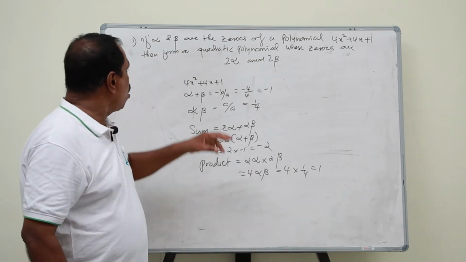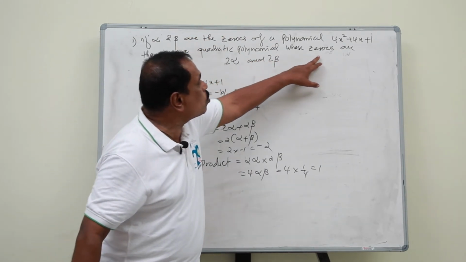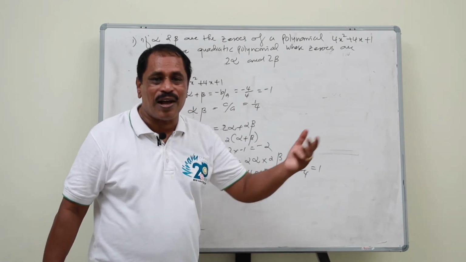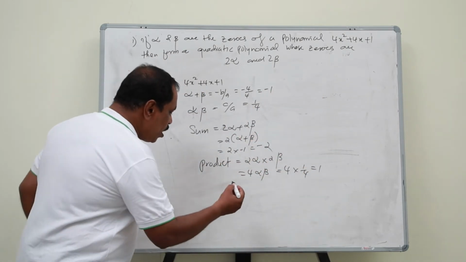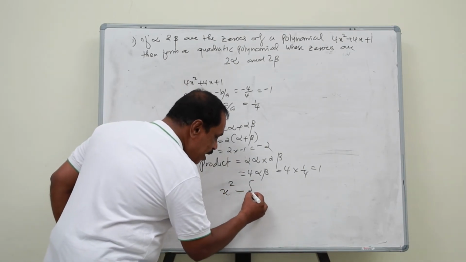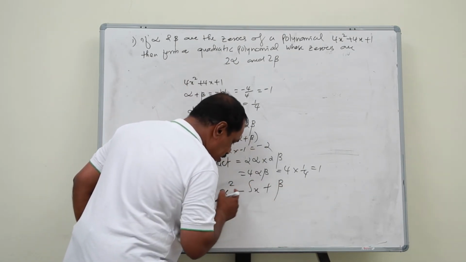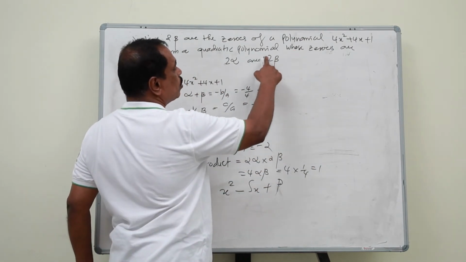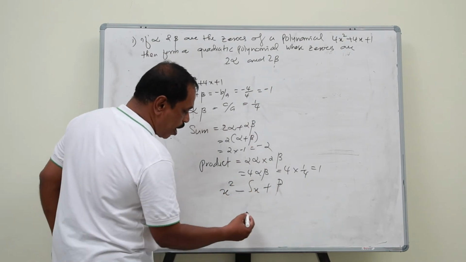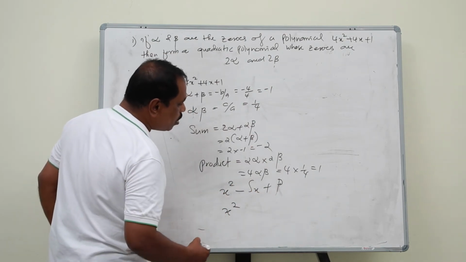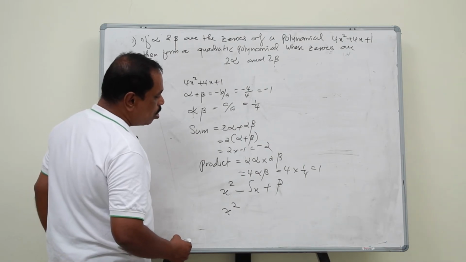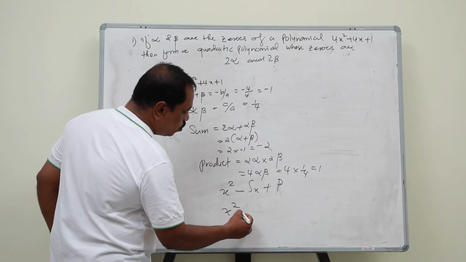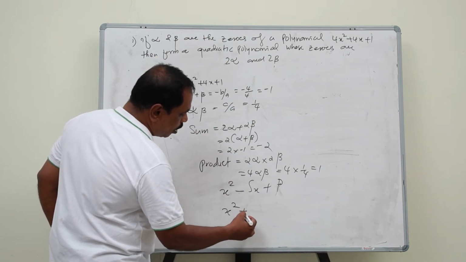Now we know how to form a quadratic whose zeros are these. What is that form? x square minus the sum of the zeros times x plus the product. The sum of the zeros is minus 2, so you get x square plus 2x.